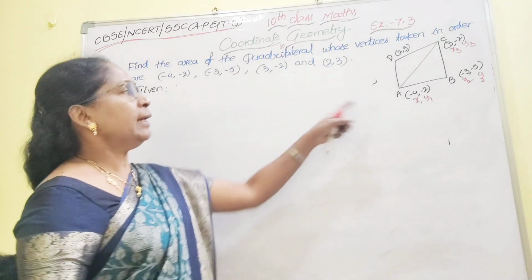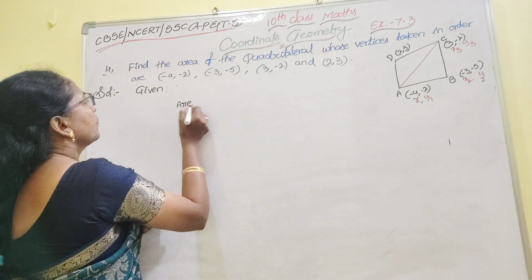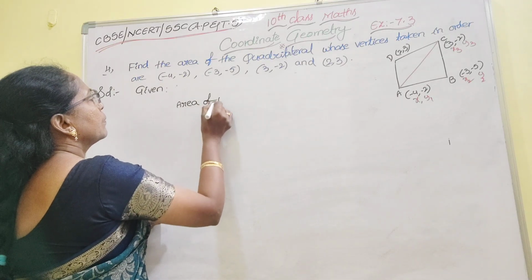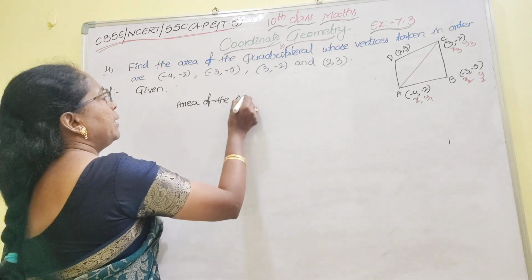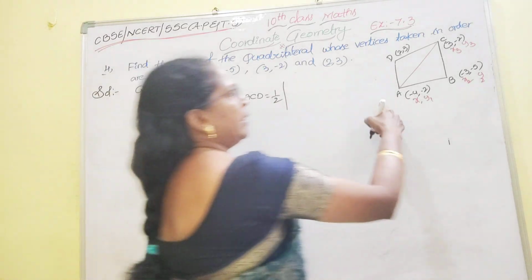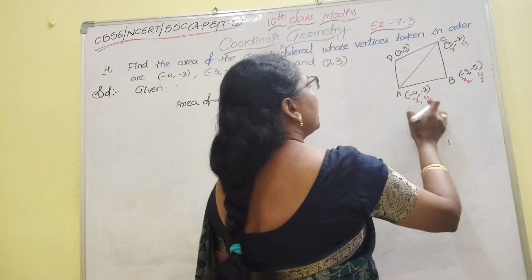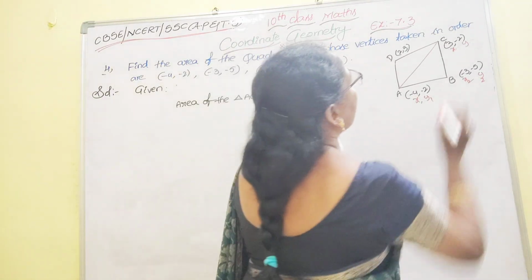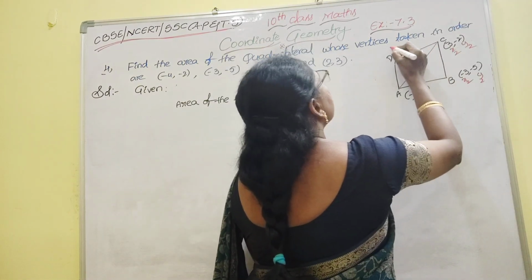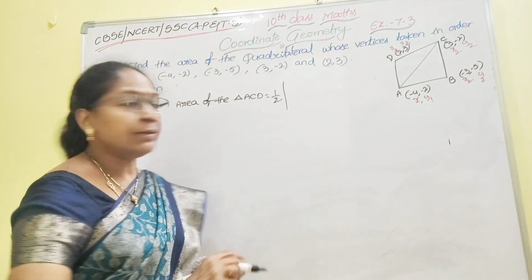Area of triangle ACD. So the area of the triangle ACD equals half modulus of ACD. Now consider x1 y1, x2 y2 and x3 y3. Now substitute the values in the formula.